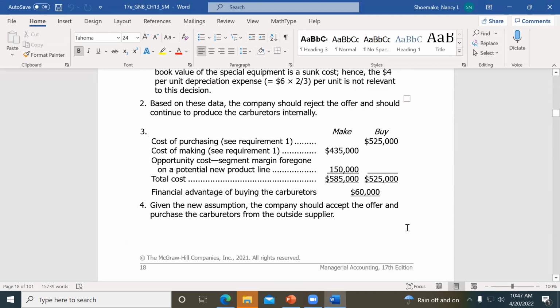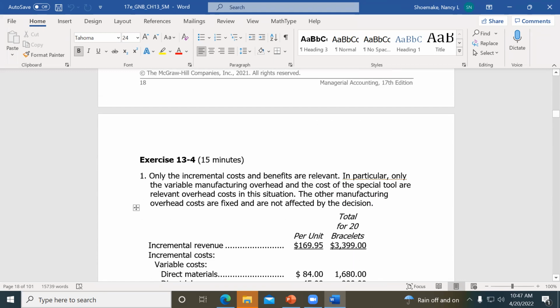Well, here you've got, in that case, cost of purchasing, and then the cost of making, plus we would have that opportunity cost would become a relevant issue. In this scenario, you would want to buy the carburetors. So in that case, you'd want to purchase them.